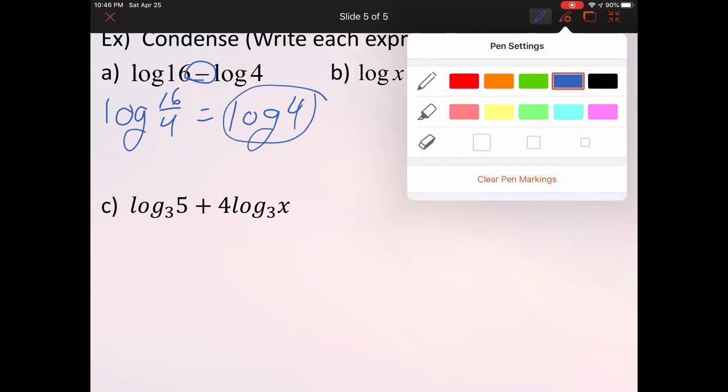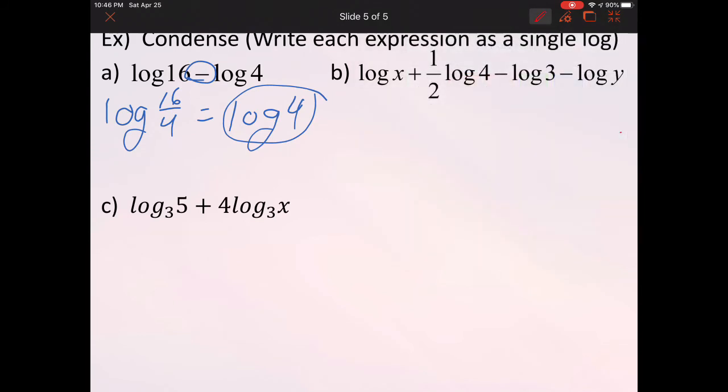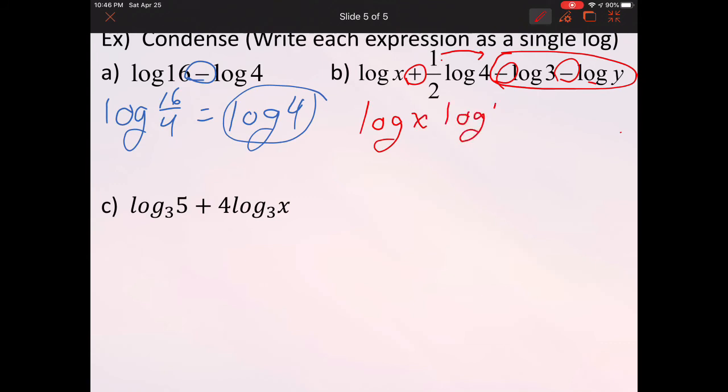All right, this one here, log of x plus log of 4 to the 1/2, minus log of 3, minus log of y.